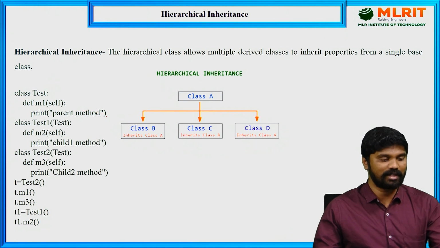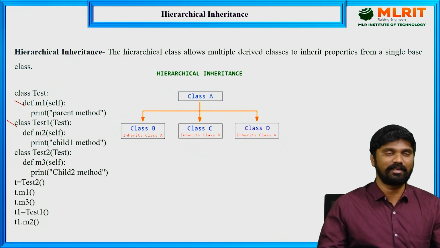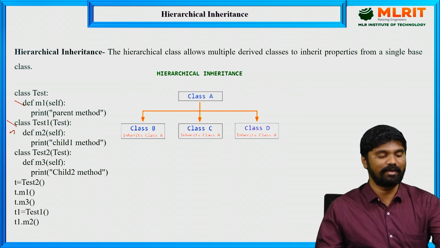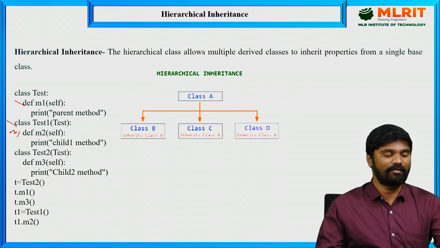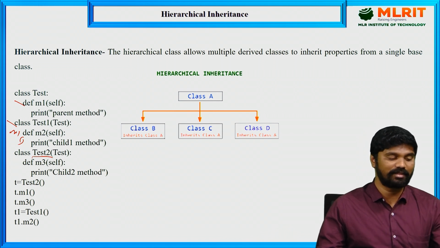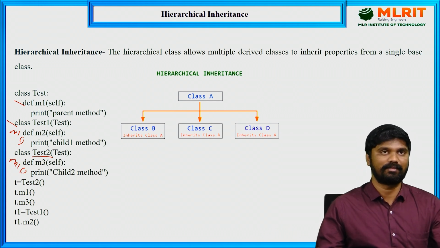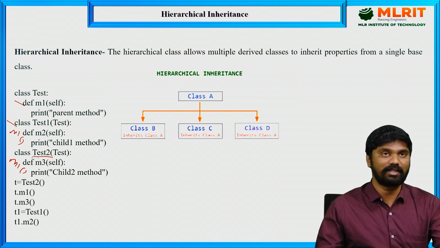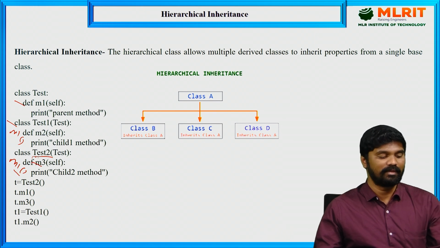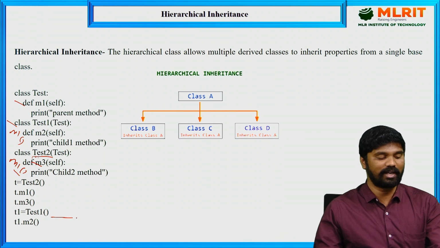Test 1 contains two methods, M1 and M2. Test 2 contains two methods, M1 and M3. So by using a test 2 class object, we are able to access only the M1 and M3 methods. If you want to access the M2 method, we have to create a separate object.